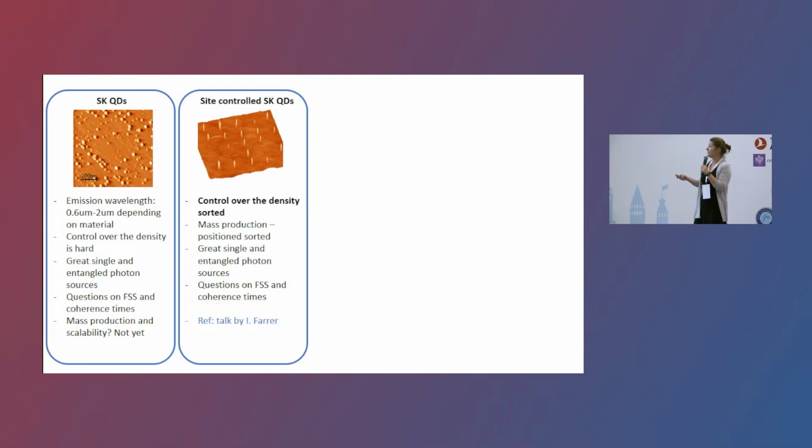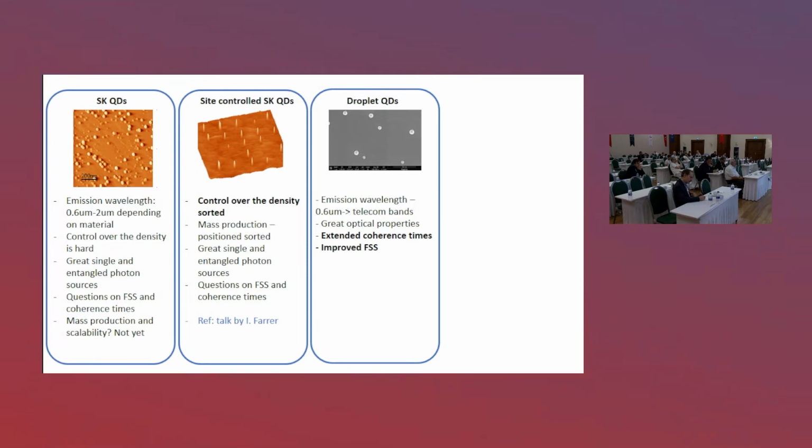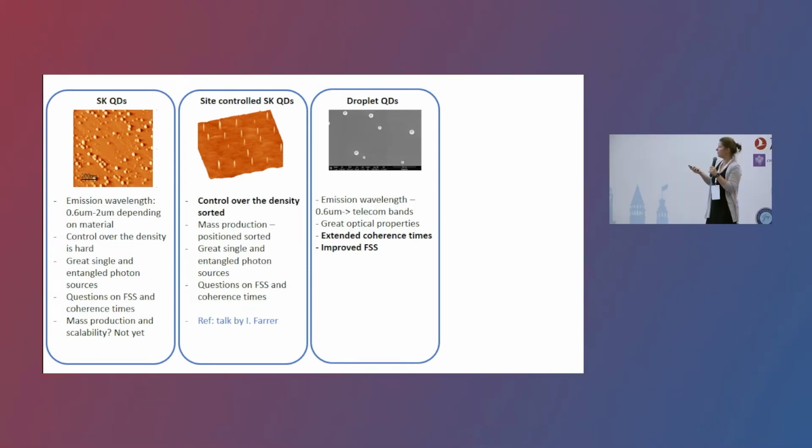Then the next step forward, I believe a massive breakthrough, was inventing the new technology of growing such quantum dots. This is a new type of quantum dots called droplet quantum dots. So in principle, they look the same, except that this is an SEM image, this is an AFM image. They are also randomly nucleated, but the growth mechanism is completely different.